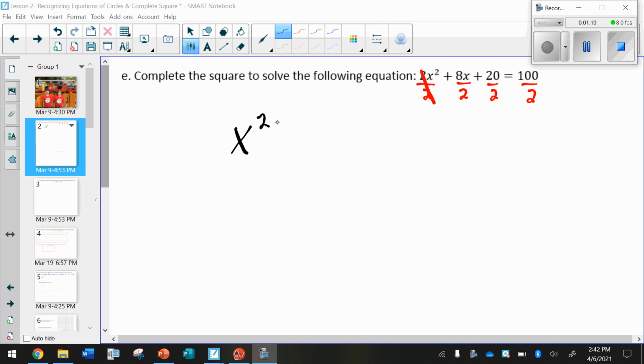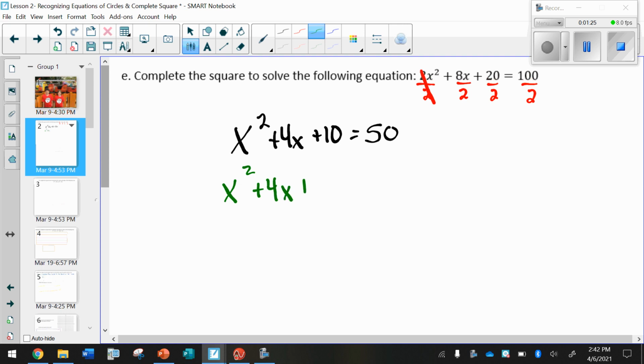So the 8x divided by 2 becomes 4x. The 20 divided by 2 becomes 10, and the 100 divided by 2 becomes 50. Now, with what's left, we can go ahead and complete the square. So I'm going to take my x terms, and I'm going to move the 10 to the other side.